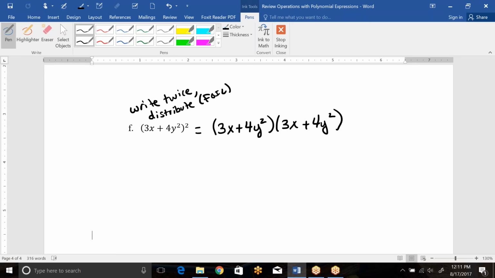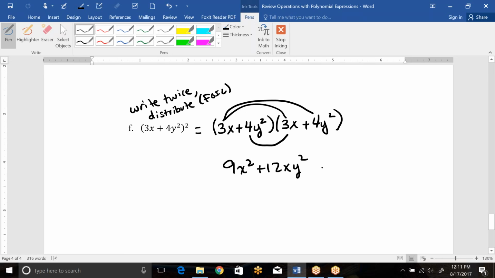Okay, so let's multiply this out. 3x times 3x is going to be 9x squared. 3x times 4y squared is going to be 12xy squared. We get 4y squared times 3x, so that's going to be 12xy squared.